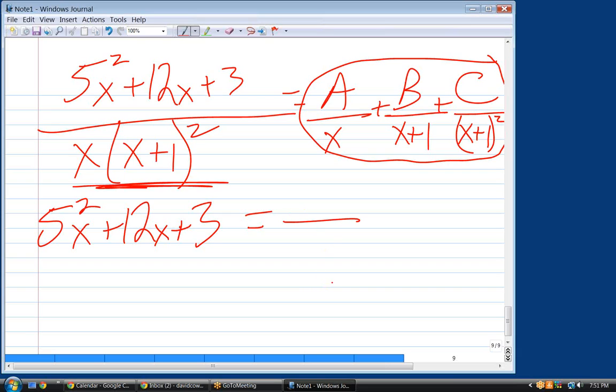So what is the A part? X. Remember that it has to end up being the same thing as this. So I need an x plus 1 squared, and I need the A. Same thing, right? Okay, what's the B part look like?